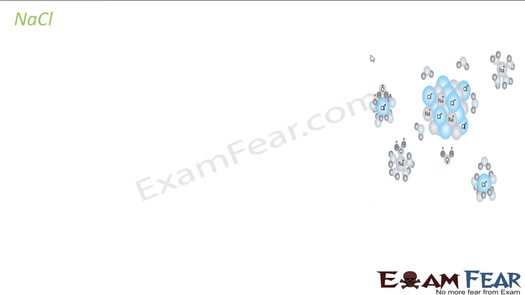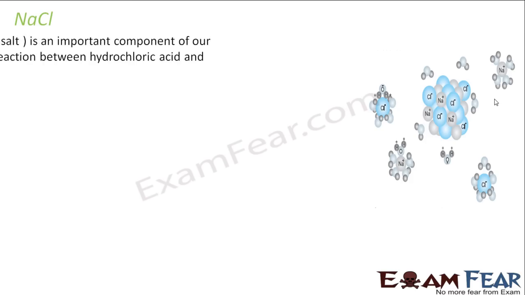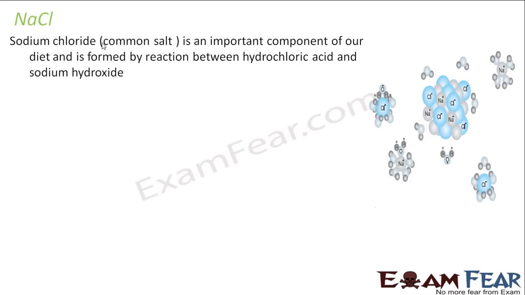And we'll understand the composition of NaCl a little bit more because it is very common. If you see NaCl, it is in the lattice form, with Na+ and Cl- ions like that, and it is one of the most important components of our diet.